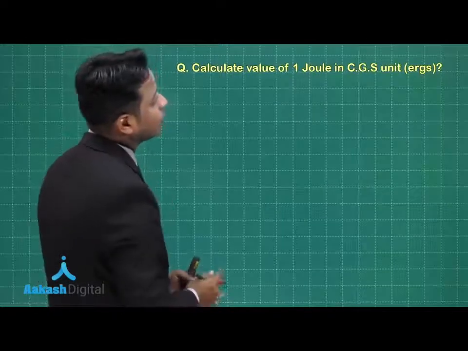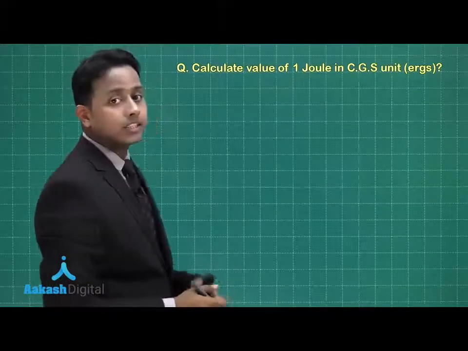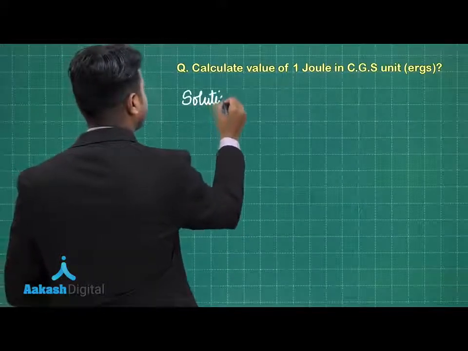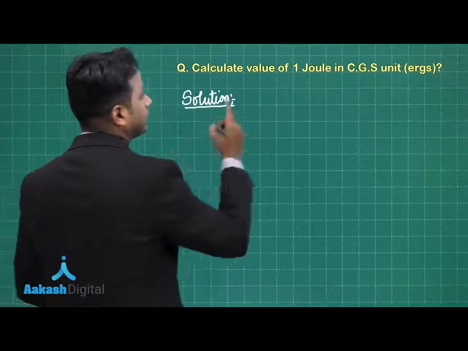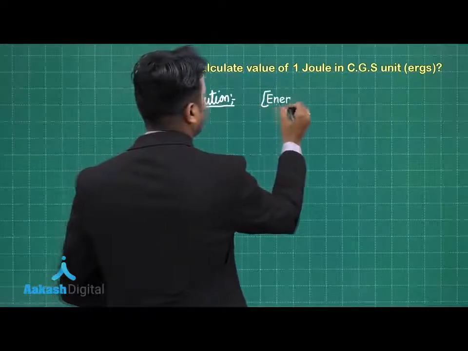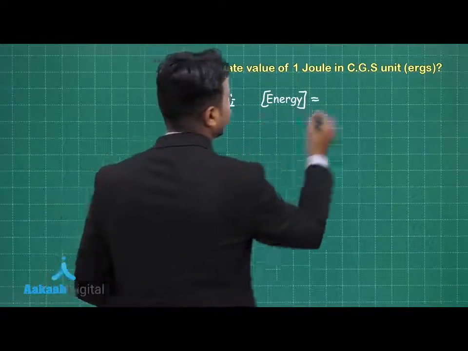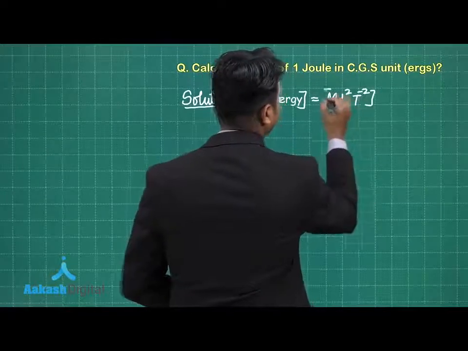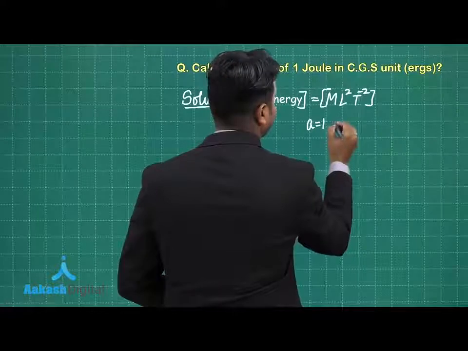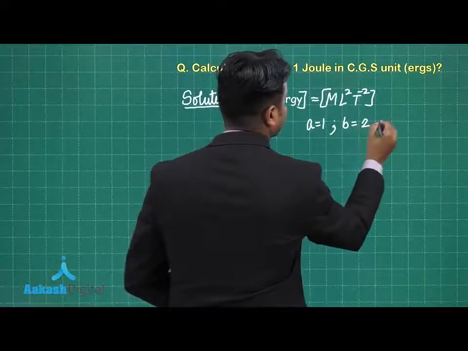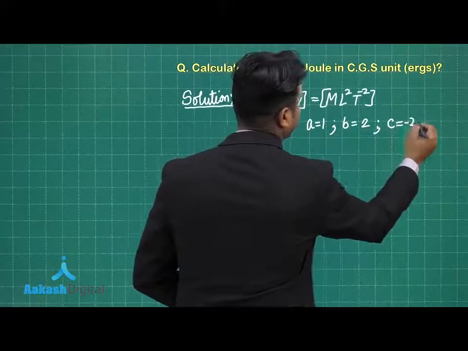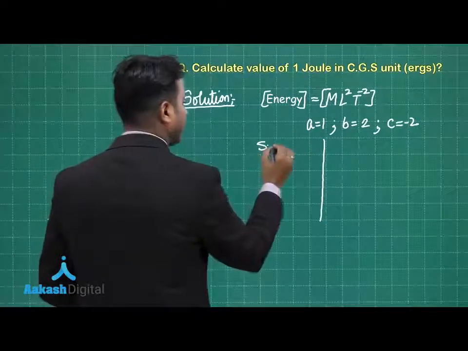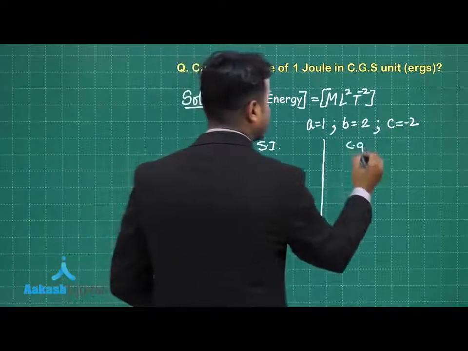Calculate the value of 1 joule in CGS unit, that is ergs. Now on the same pattern we need to understand. Joule is actually the dimension of energy, so you must remember that it is M L square T minus 2. So we have A value as 1, B value as 2 and C value as minus 2. We have two different systems, the SI system and the CGS system.